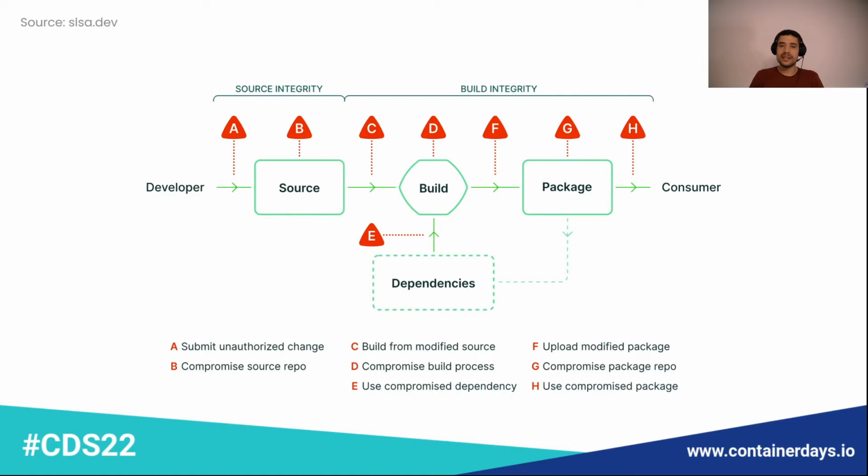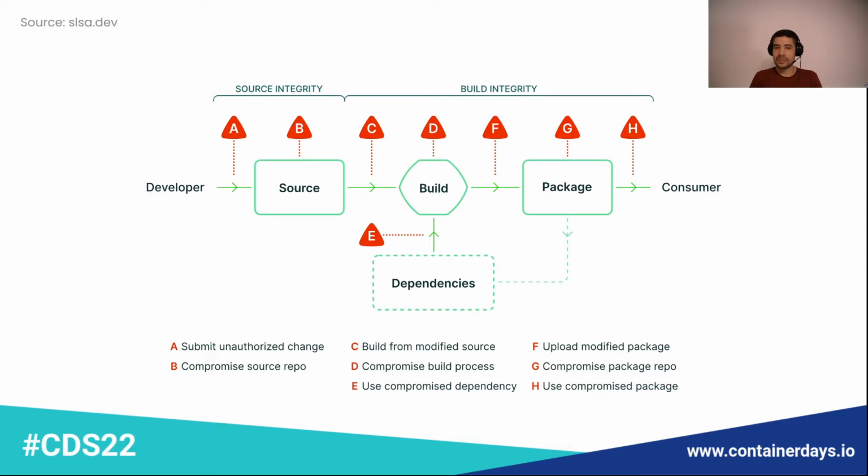If you look at this picture, all of these letters are real. There are real world examples of attacks that happen on the SLSA website. If we start looking from the left-hand side, the first thing we need to make sure of is the source integrity. We need to secure our source code. Imagine someone gets access to our Git.